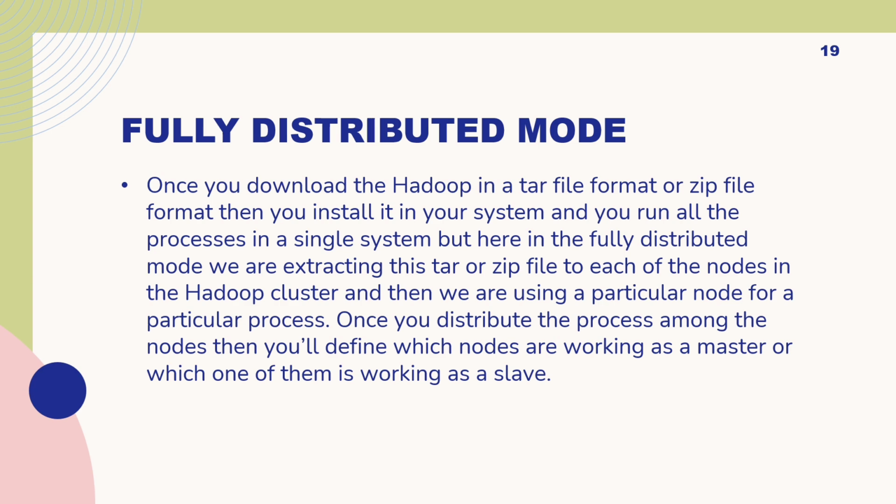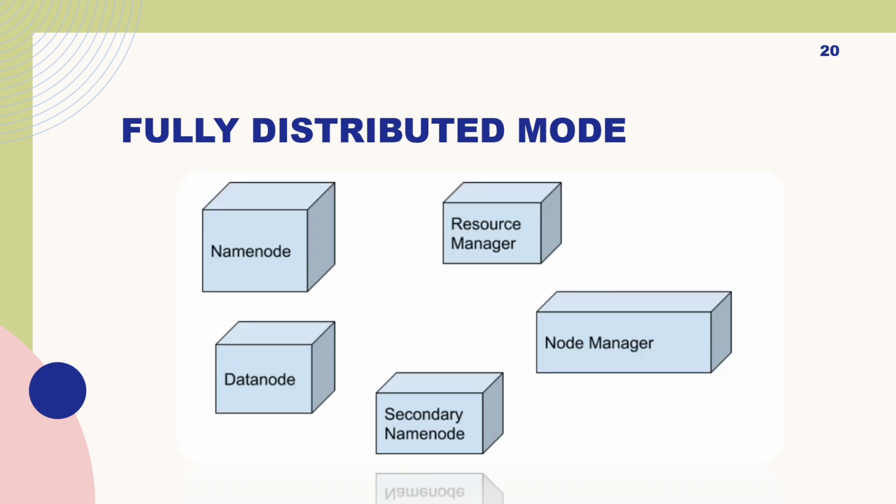Once you distribute the processes among the nodes, you define which nodes work as master and which of them work as slave. In fully distributed mode, multiple nodes are used, few run master daemons and few run slave daemons. This is the structure of the fully distributed mode.